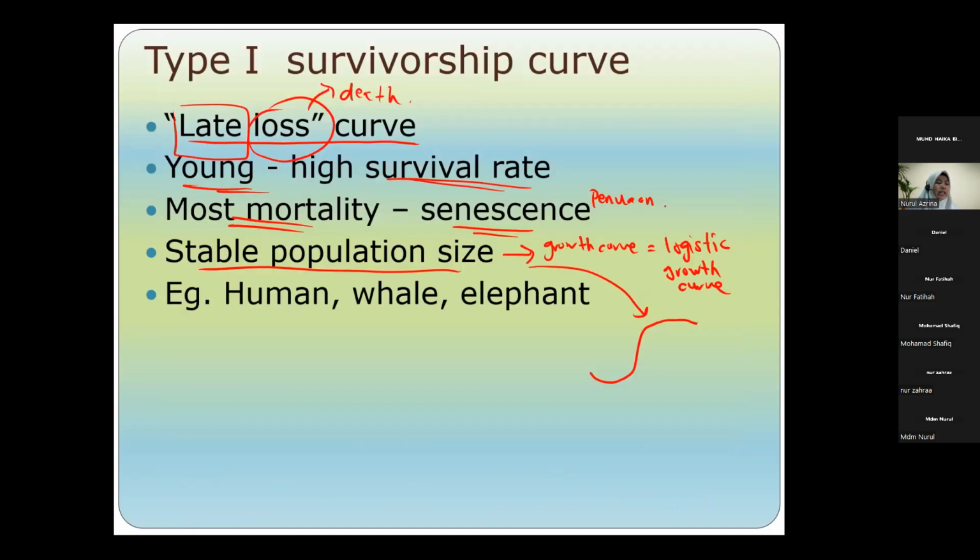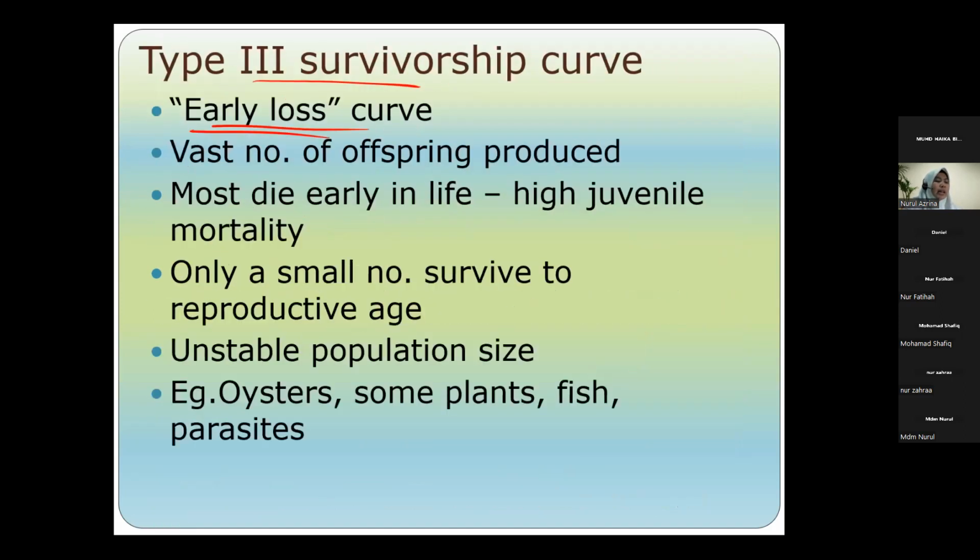Okay, right. So, there are vast number of offspring produced. Characteristic for organism that have this type of survivorship curve is vast number of offspring. Okay, so dia tahu yang dia punya survival rate of the juvenile, of the young will be very, very low. Dia tahu yang kadar survival akan sangat kurang untuk anak-anak dia.